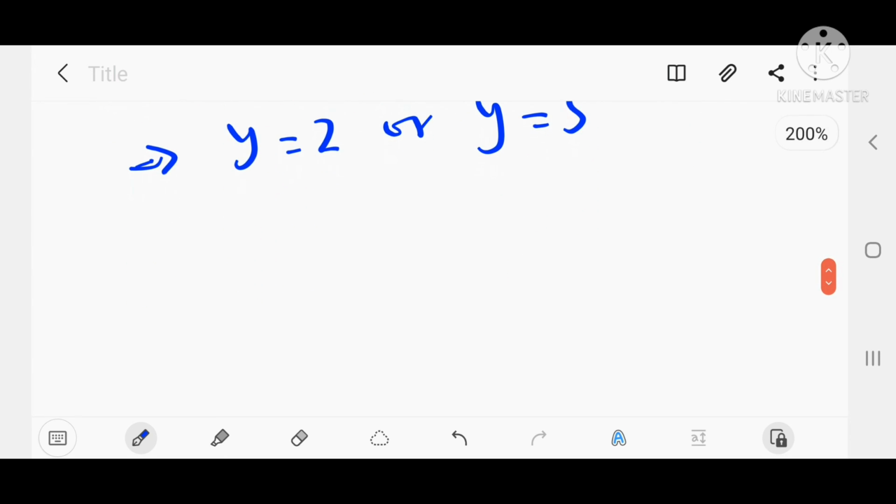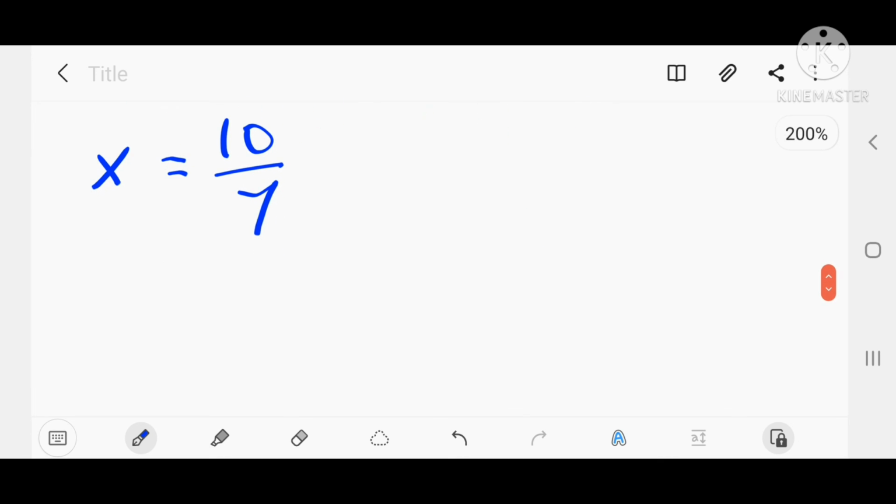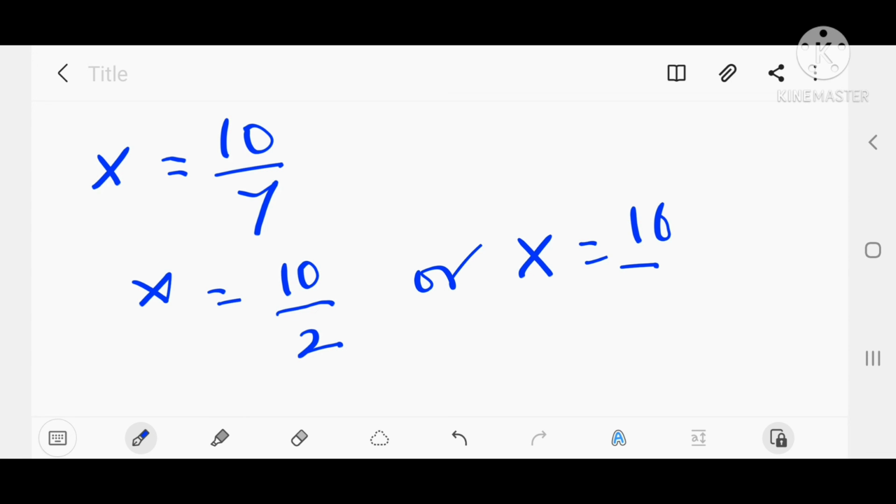Since x equals 10 on y, remembering that the 88 on y has been discarded, x will be 10 on 2, or x will be 10 on 5.